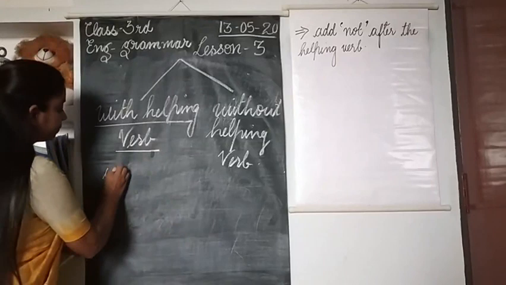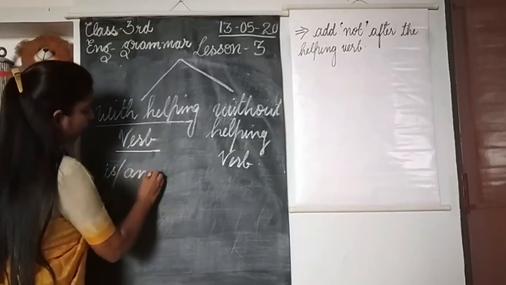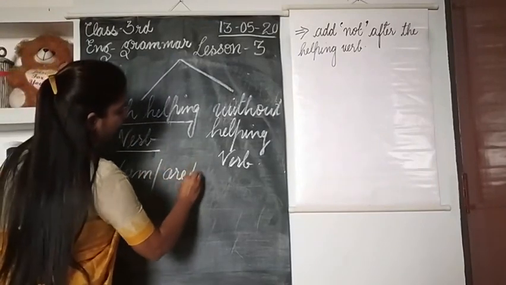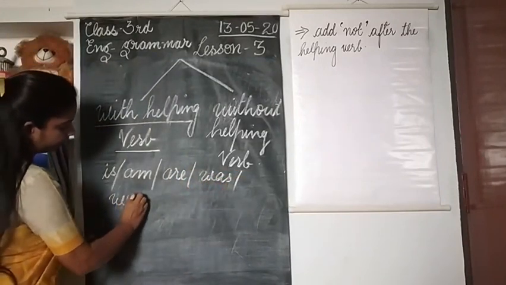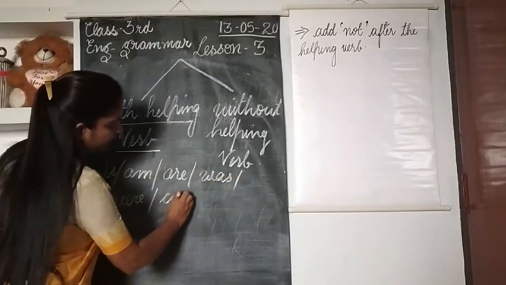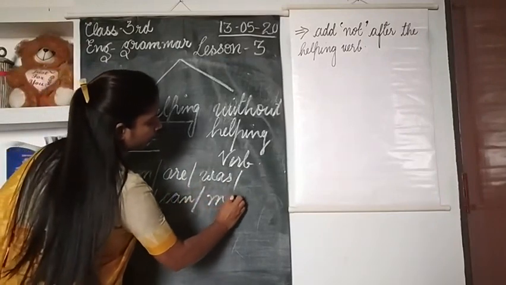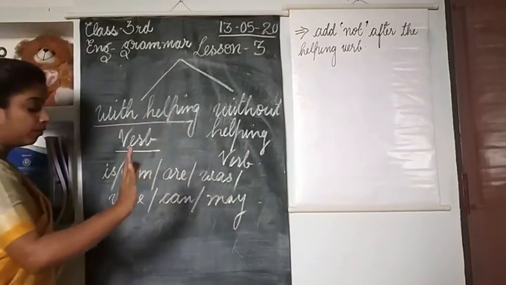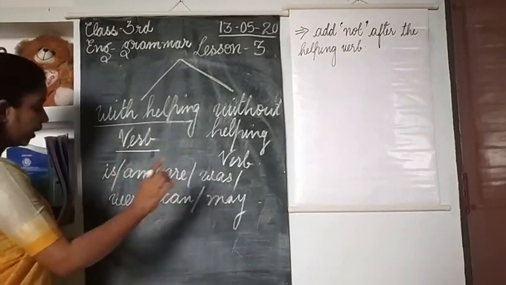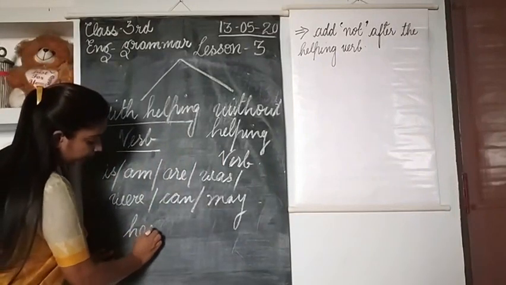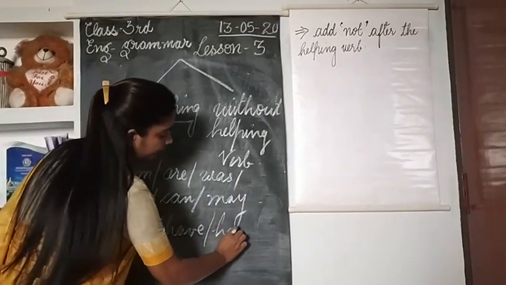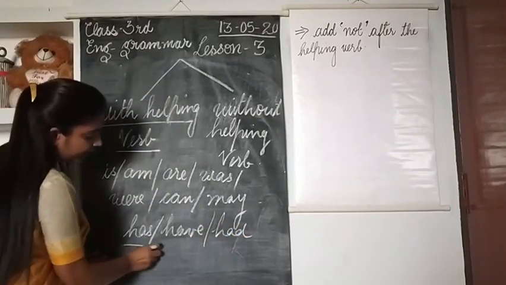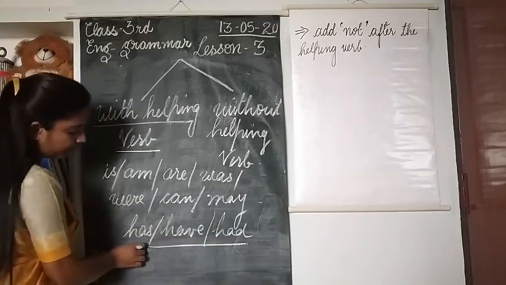What are they? Is, am, are, was, were, can, could, may, etc. So many helping verbs are there. 24 helping verbs. Now see, has, have, and had. See, if a sentence has these 3 helping verbs.